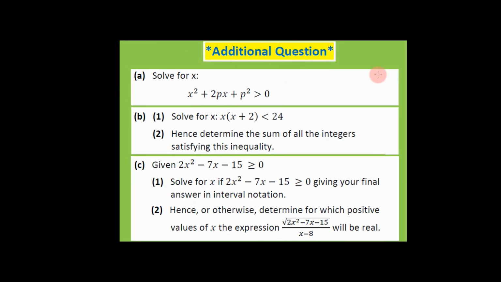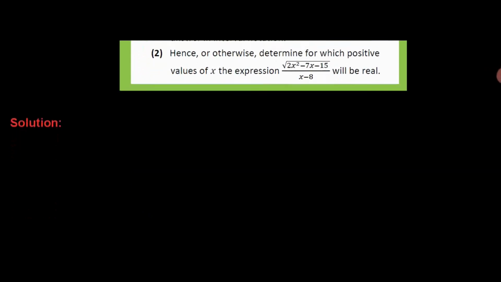Let's look at your answers to this additional question. In A, we have x squared plus 2px plus p squared strictly greater than 0. It's important to recognize that this is a perfect square on the left-hand side, because the first term is a perfect square, the third term is a perfect square, and the middle term is twice the square root of the first term times the square root of the third term.